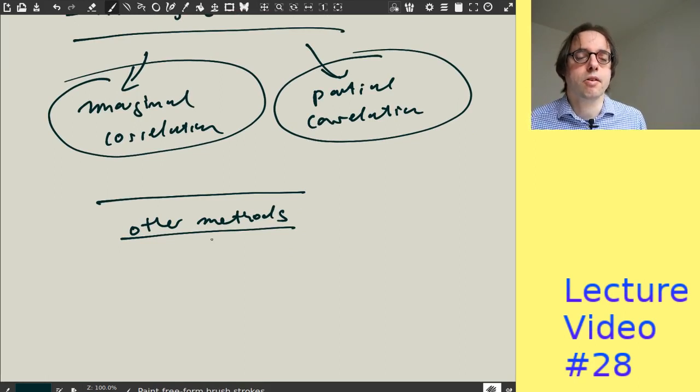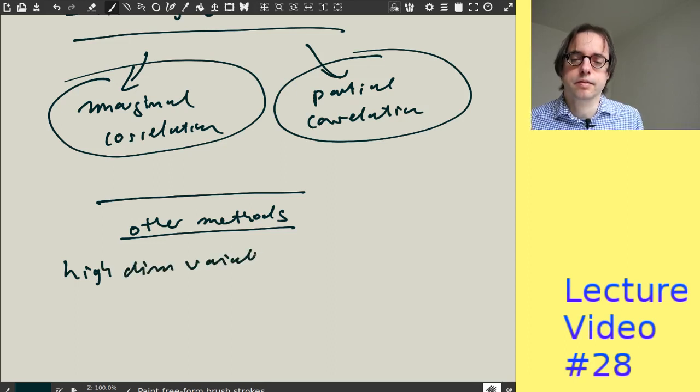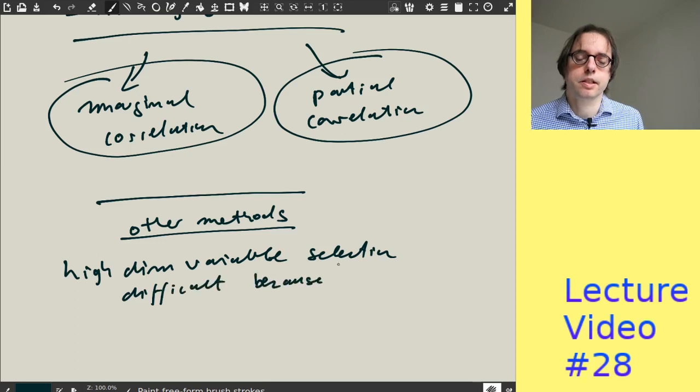Sometimes there is a single best model, but especially in high dimensions, high dimensional variable selection is tricky. Difficult because of the non-uniqueness of the sets of important variables.